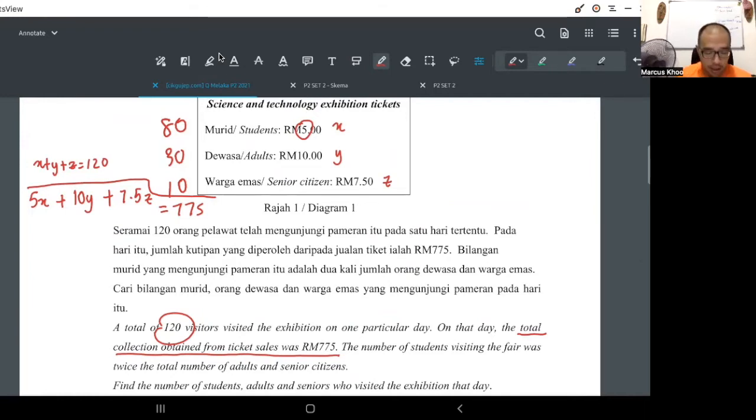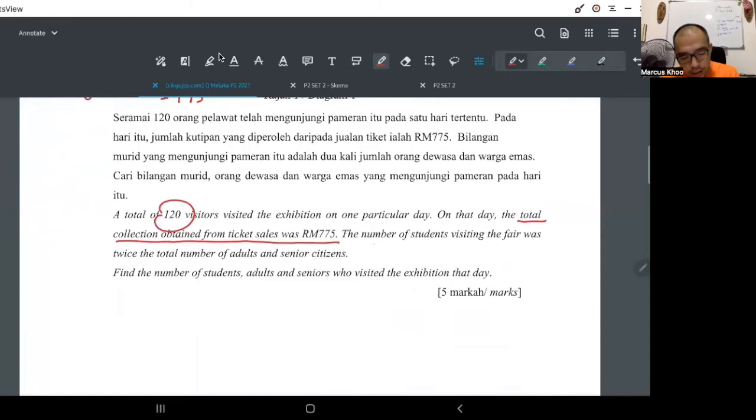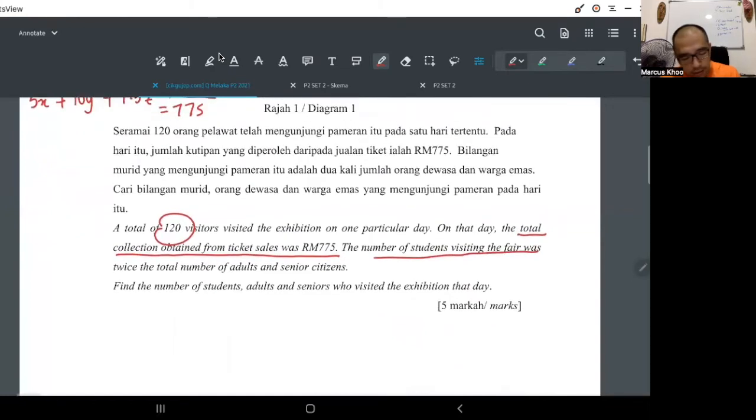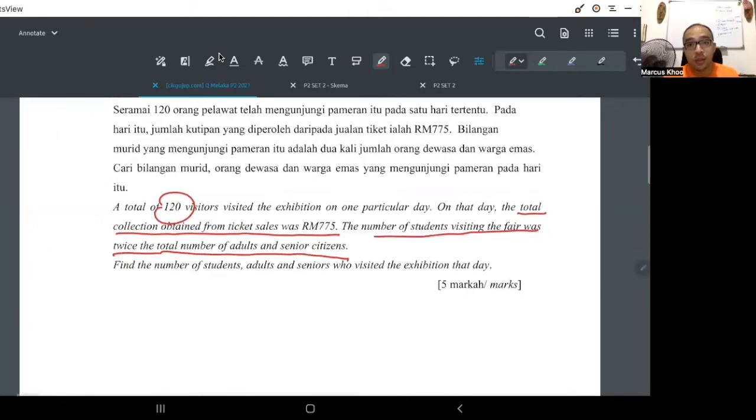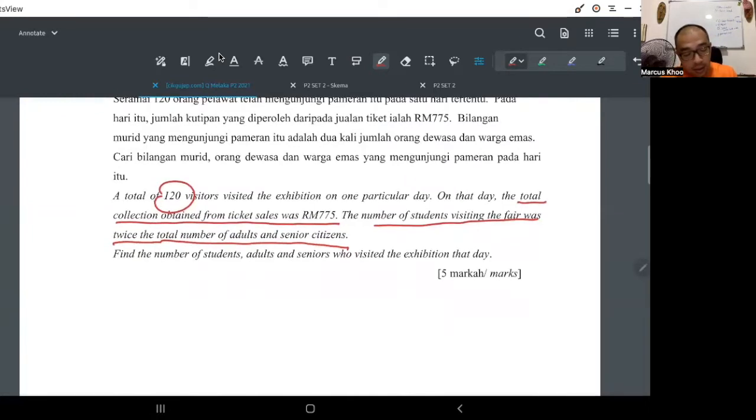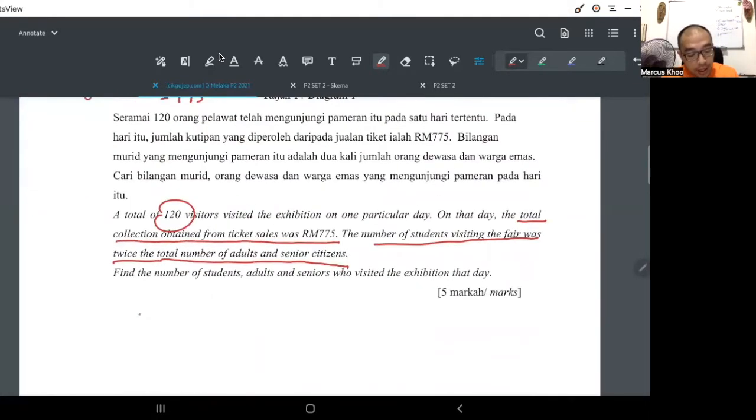Okay, then the number of students visiting the fair was twice the total adults and senior citizens. Okay, so the number of students is x. Okay, I'm going to use x now. So x is equals to twice the number of the total of adults and senior citizens, which is 2 times y plus z.